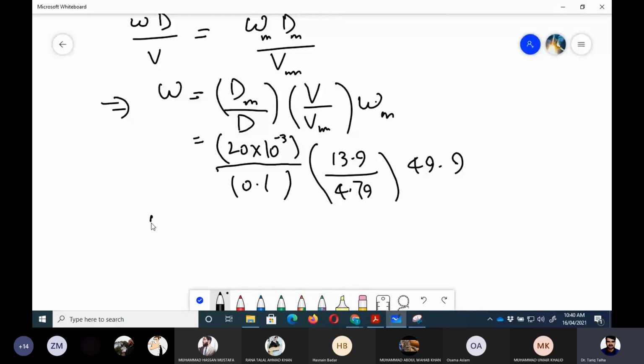If we calculate the oscillating frequency for that bridge component, it comes out to be 29.0 hertz.